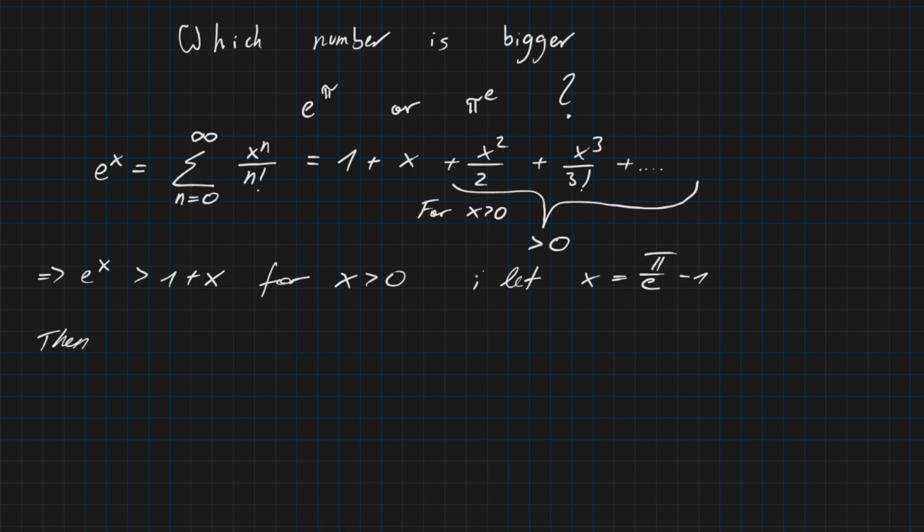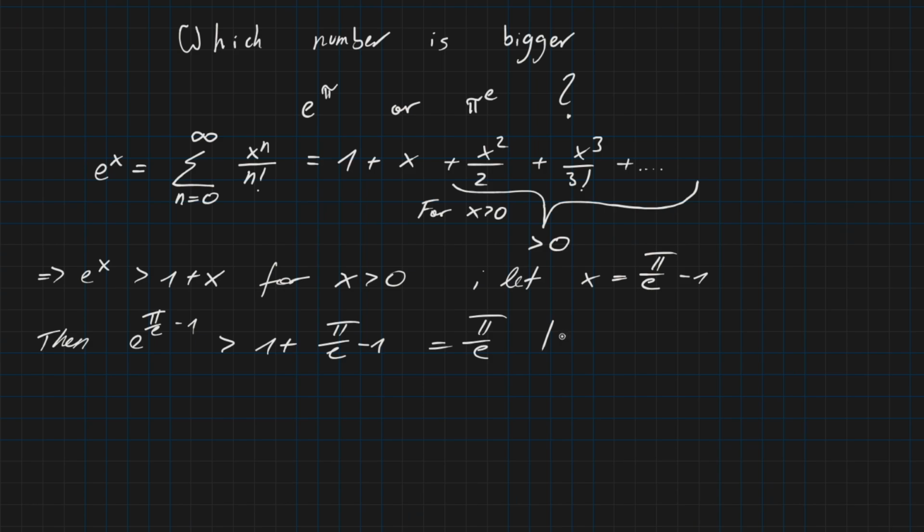And then when plugging x into this inequality, we are getting e to the power of pi over e minus 1 is bigger than 1 plus pi over e minus 1, which is just pi over e.